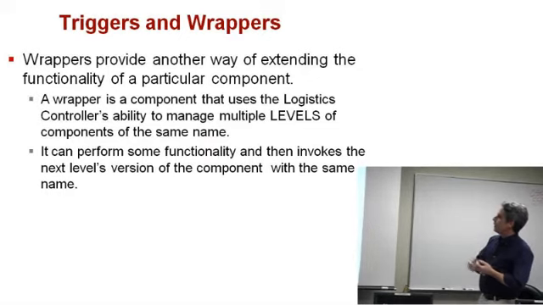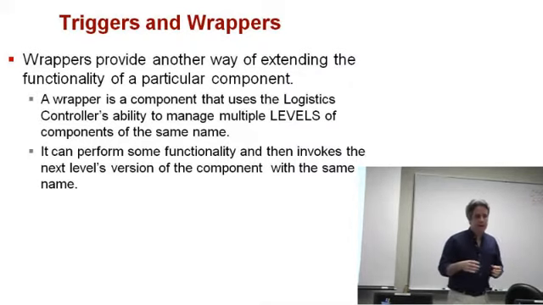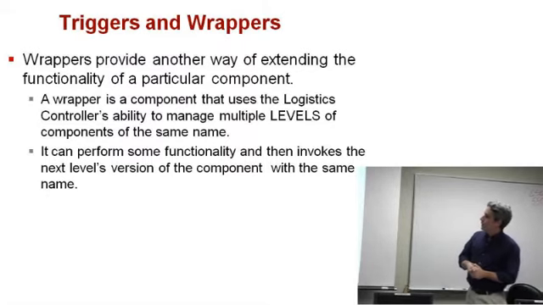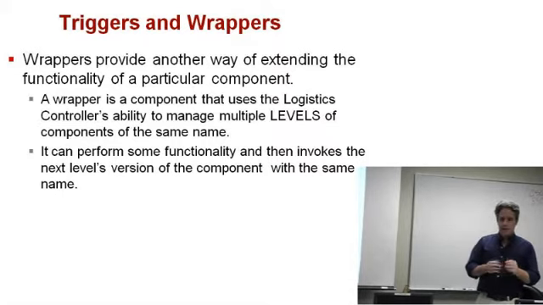A wrapper, again, uses this idea of our ability to manage levels of components with the same name. And it performs some functionality and then calls the next component with this name in the order that your sequences are defined. I think the important thing to realize is that it calls the next implementation.